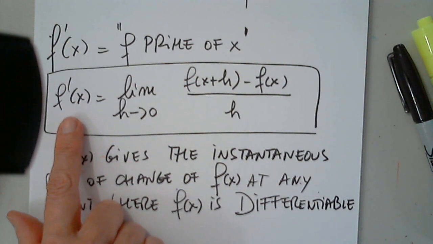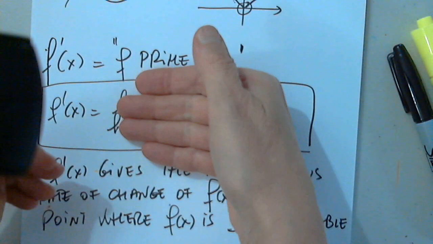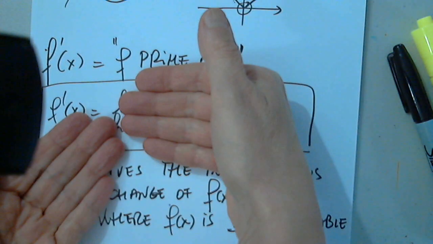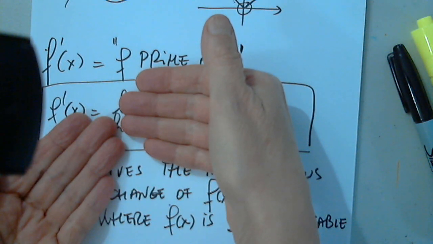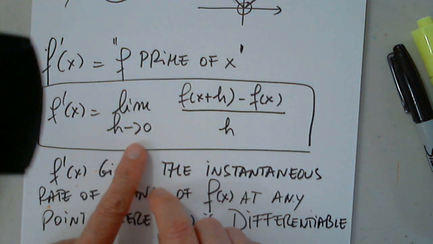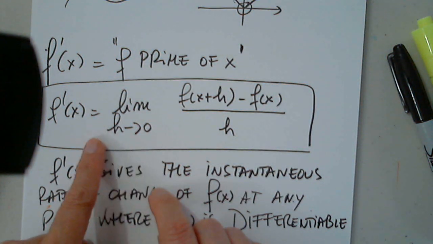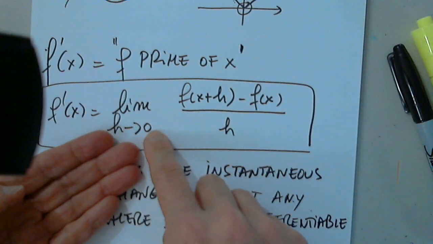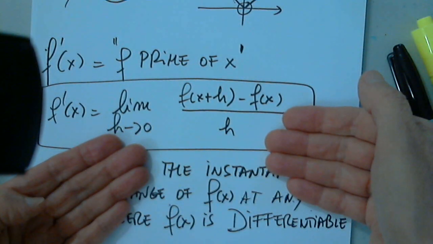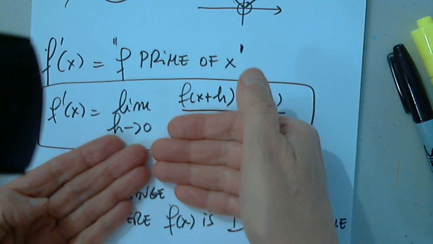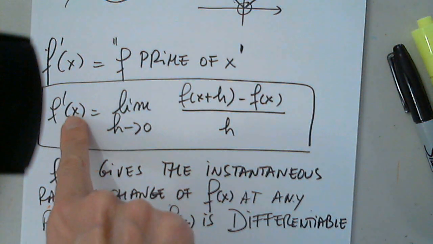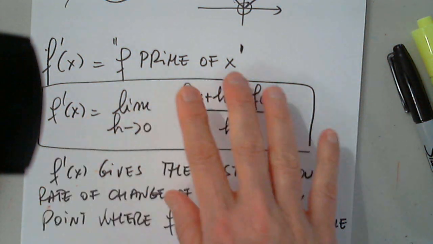So what this really means is, if the slope from the left and the slope from the right exist and they are equal, the limit as h approaches 0 from the left equals the limit as h approaches 0 from the right. If they are both the same, then the derivative exists at that point.